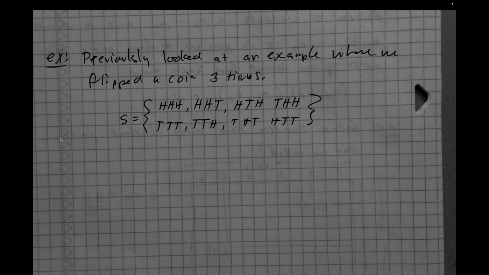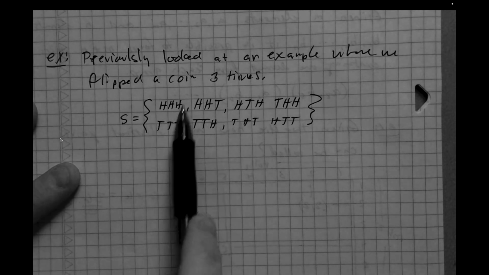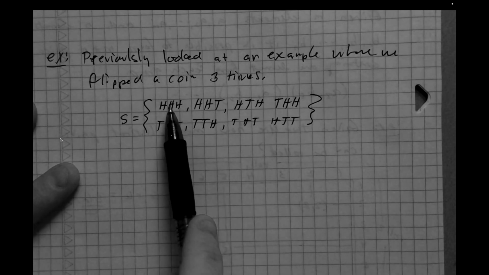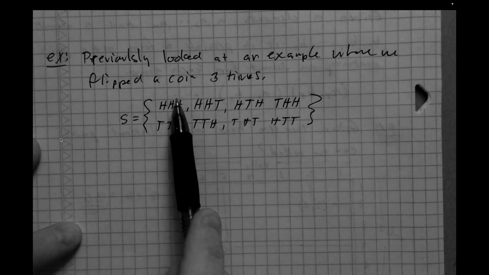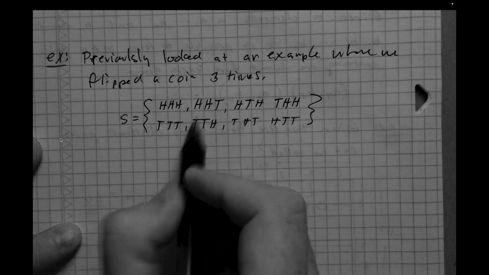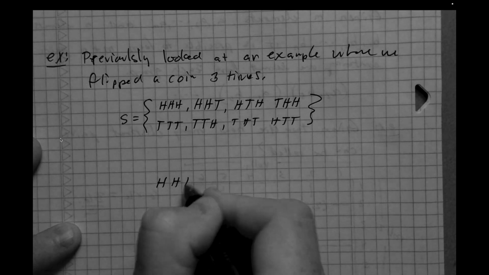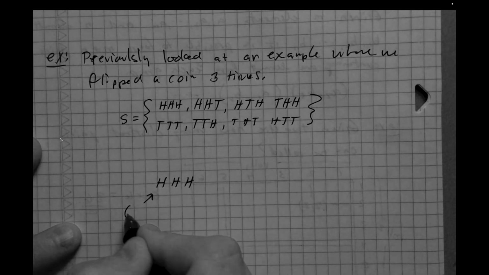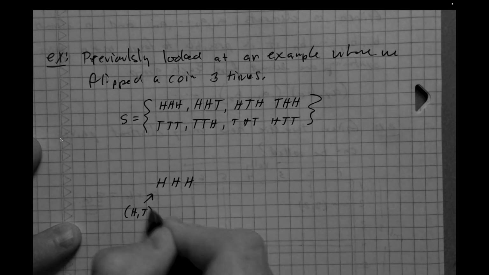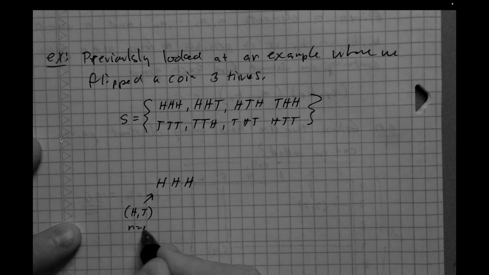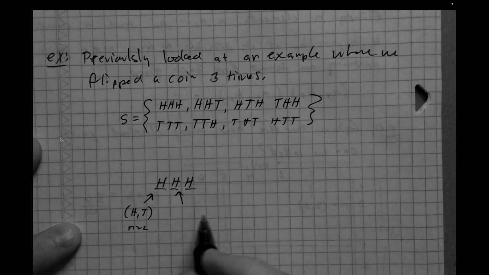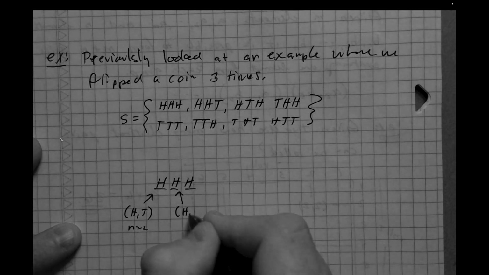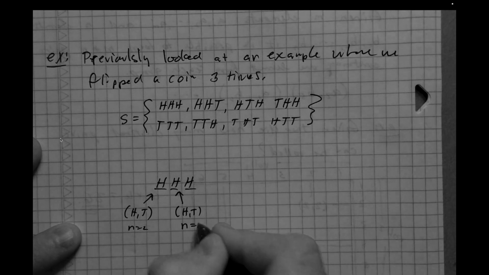Right, and so if you think about this, each one of these objects in the sample space is really selecting an element from a group of 2, right? So for example, H, H, H, this first one was selected from H and T, a group of 2. The second spot was selected from N equals 2 objects.